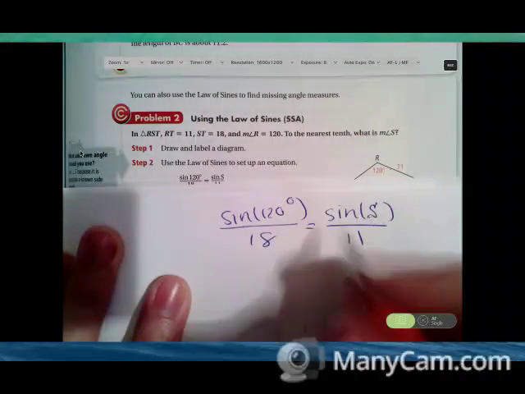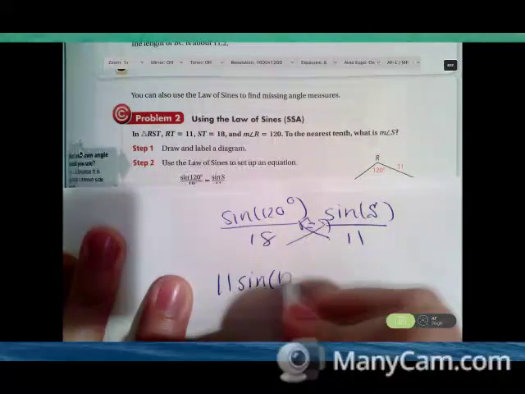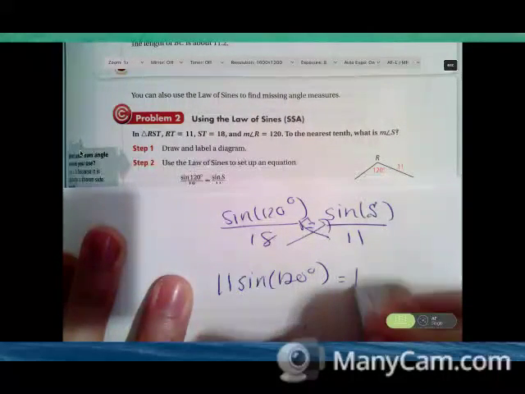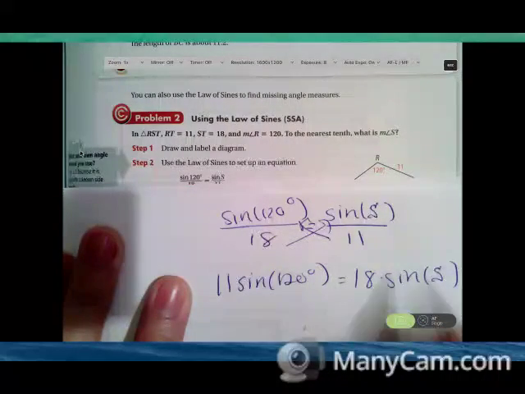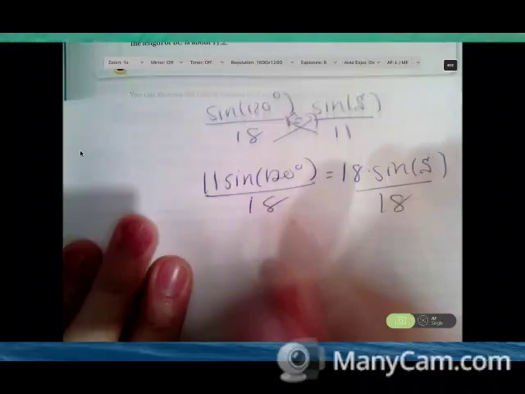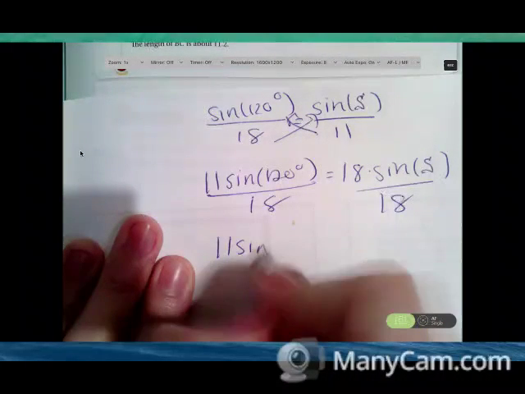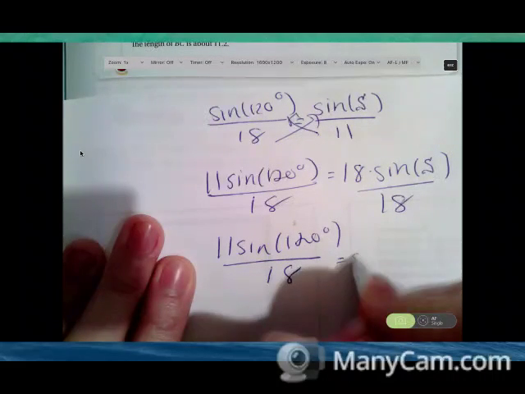Now let's cross multiply first. 11 times sine of 120 degrees equals 18 times sine of S. If I want to find sine of S, I have to divide each side by 18. So then I'm left with 11 sine of 120 over 18 equals sine of S.